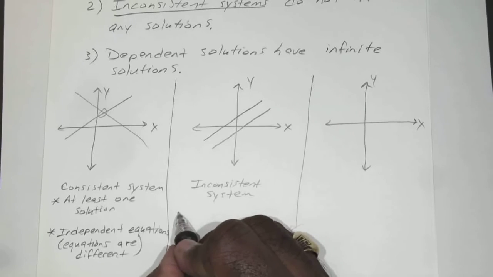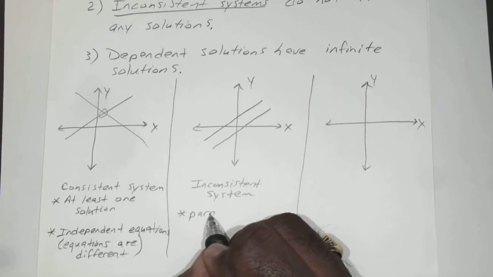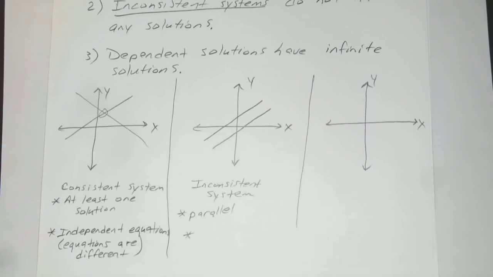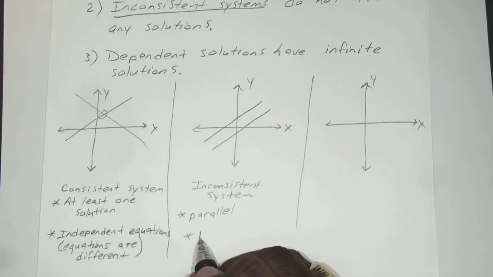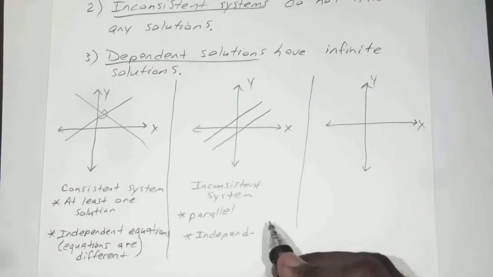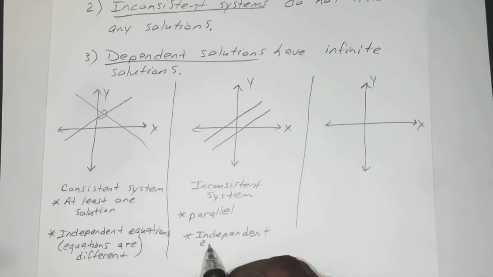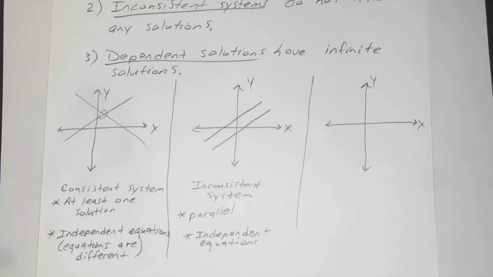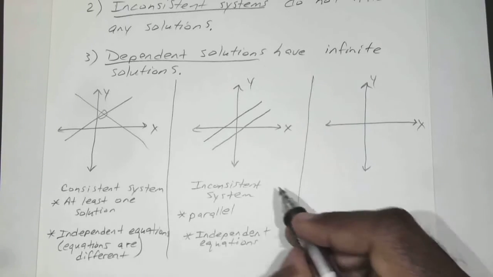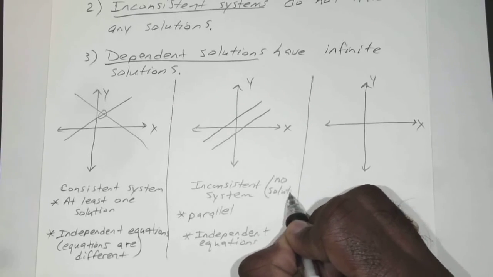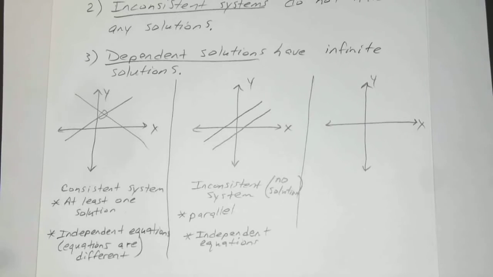So for an inconsistent system, they're parallel. And even though their slopes are the same, they are two different equations. They are independent equations, just with the same slope. So you have no solution, and here you have at least one solution.